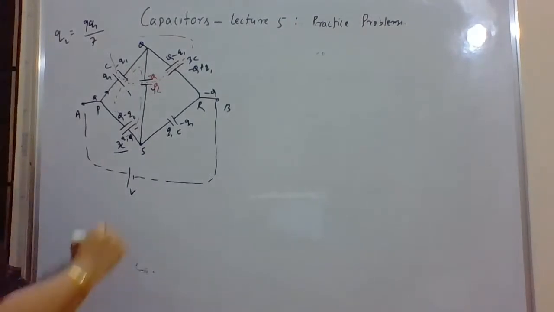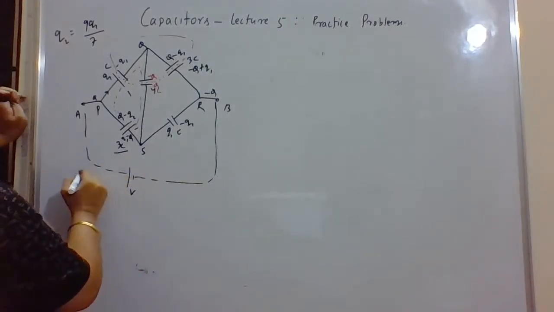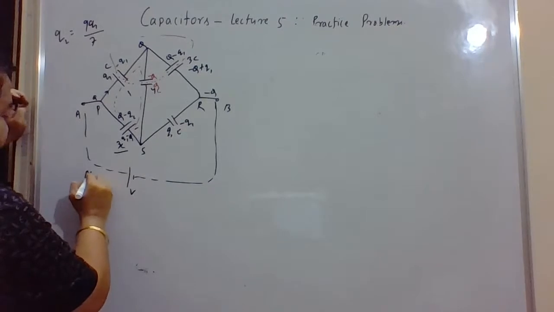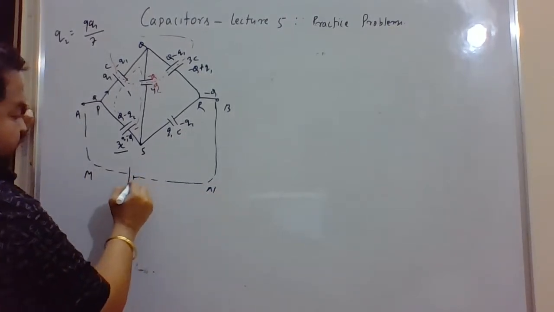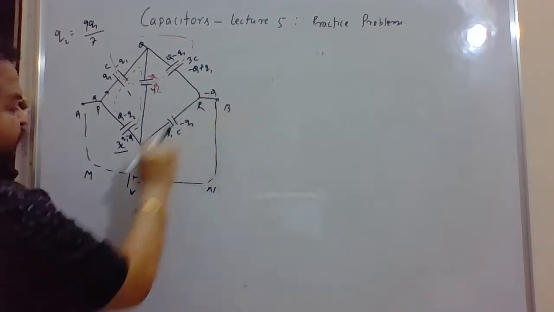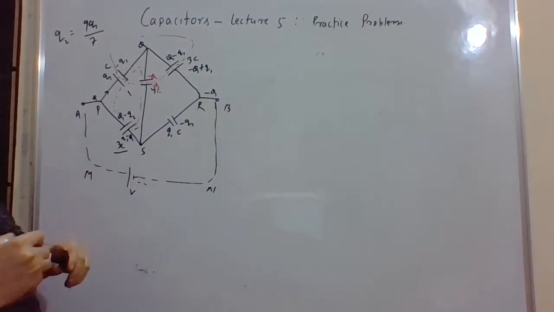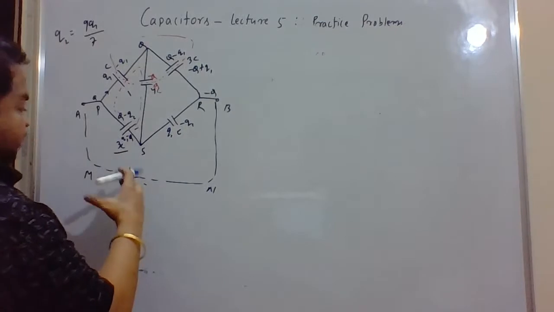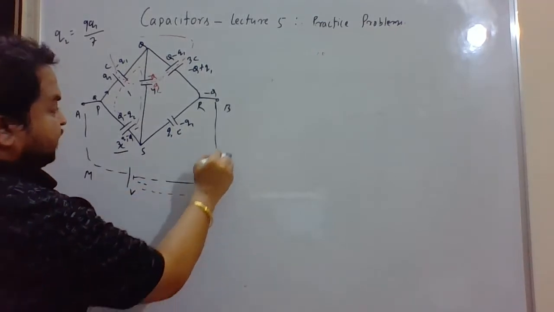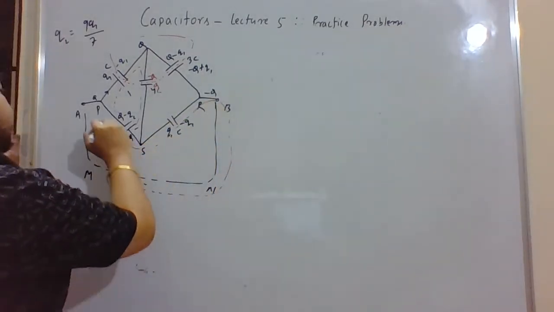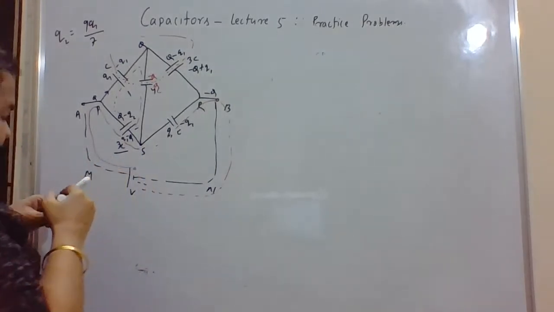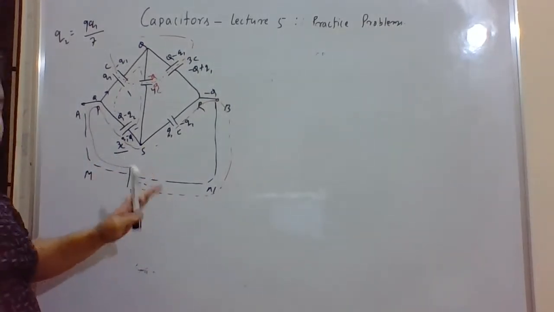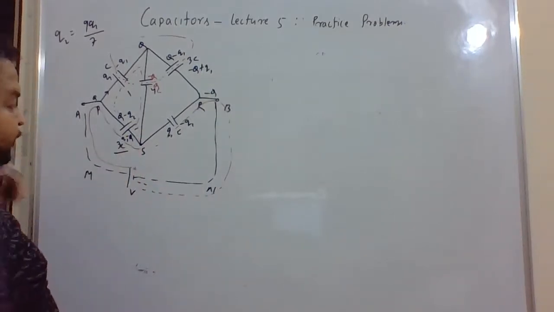Let me give these two points names, M and N. I have to travel from here up to here, and let me assume that I choose an easy path, because then the number of variables will be fewer and you will get the solution easily. But if you want to choose any other path, it's completely up to you.